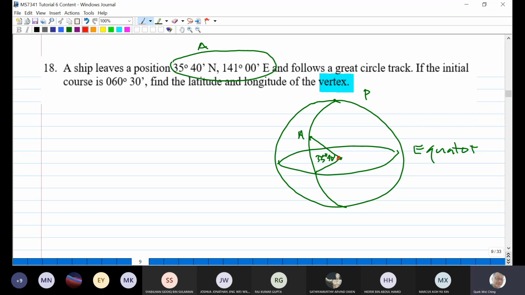The ship leaves this position and follows a great circle track. Initial course 60 degrees, which means that if this is going towards the North Pole, 60 degrees is somewhere here.